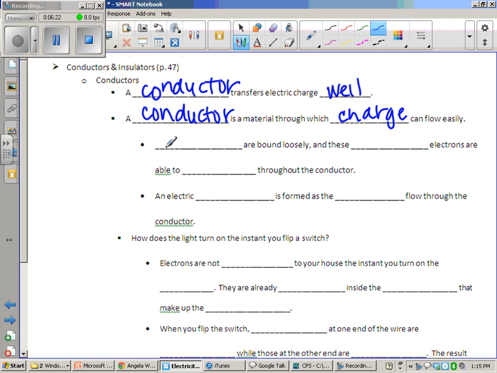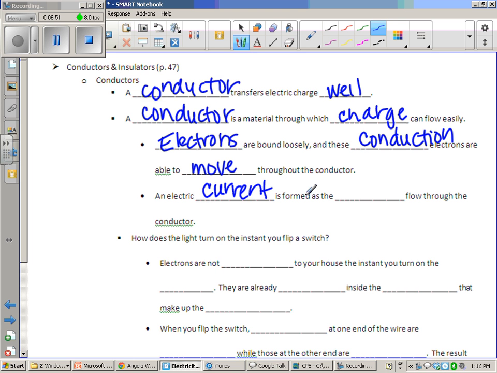So in these conductors where a charge can flow through easily, electrons are bound loosely. And these conduction electrons are able to move throughout the conductor. An electric current is then formed as the electrons flow through the conductor.